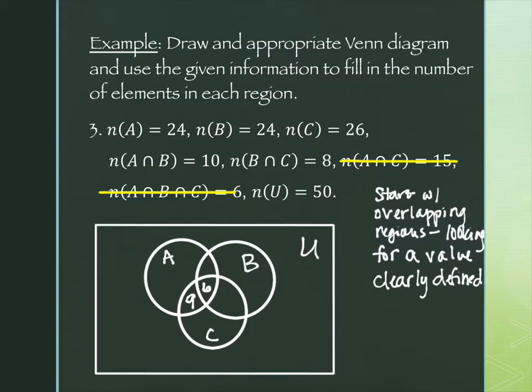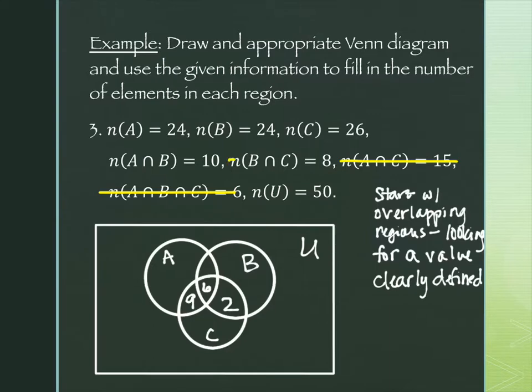Okay, so working our way backwards, now we have B intersect C. Well, B intersect C is over here, right? It's supposed to add up to 8. 6 are already accounted for in the middle, so what am I missing? 2. So I need a 2 right here.